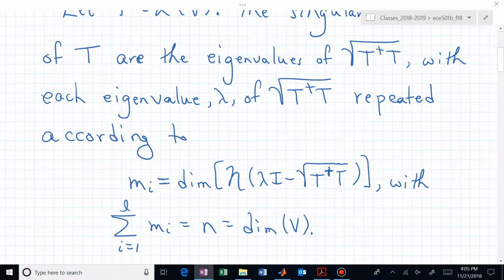Maybe one of those is repeated twice, maybe another eigenvalue is repeated 3 times, and maybe one is not repeated.